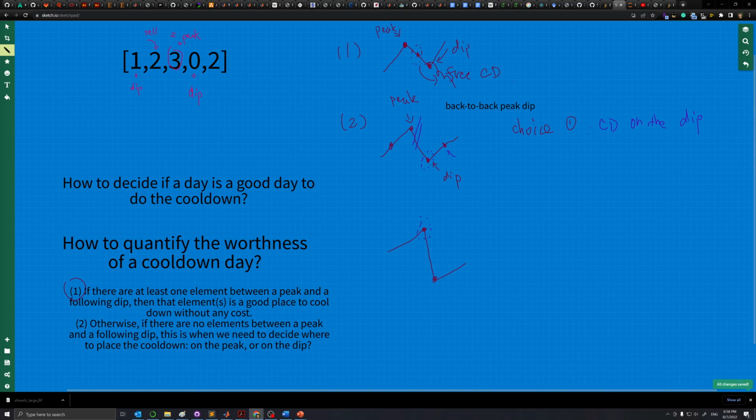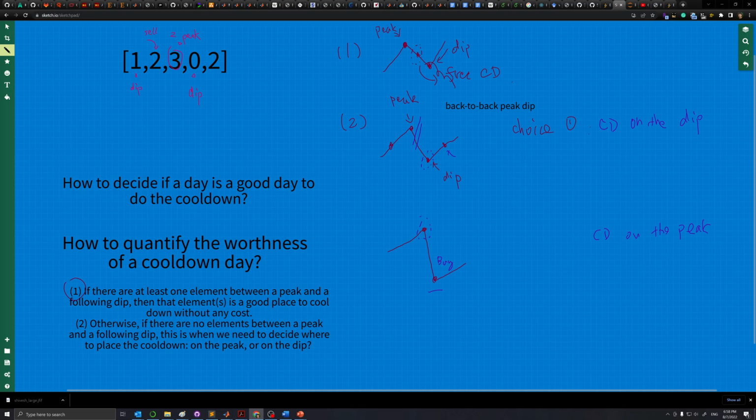we actually take CD on the peak. So what does that mean? That means we're going to target buying from the dip here, because we know it is a dip that we can definitely sit on that gain afterwards.